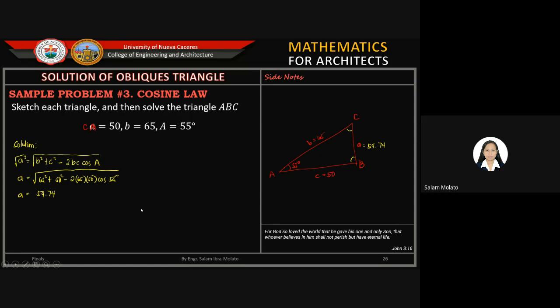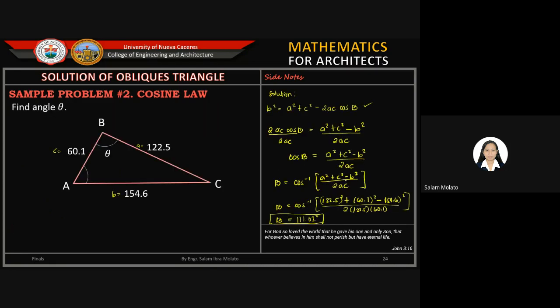Anyways, since we derived it earlier in our time, I already showed it to you earlier. So let's just solve for B by using the derived formula. That's cosine B is equal to A squared plus C squared minus B squared over 2AC, right? So I think that's correct.